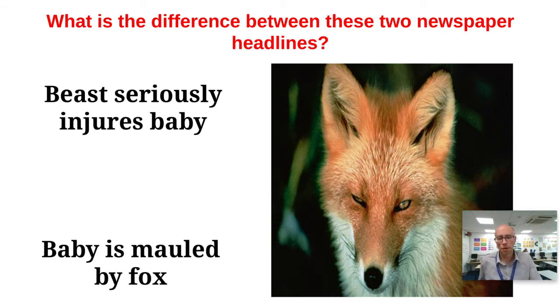Okay, I'm assuming that you've done that task. Now, let's look at the first one here. Beast seriously injures baby. What I'm thinking here is, is it active or is it passive voice? And the answer is that it's active. It's active because I can see the thing or the person, or in this case, the animal, that's doing the injuring.